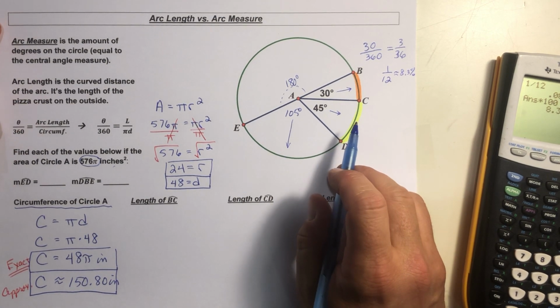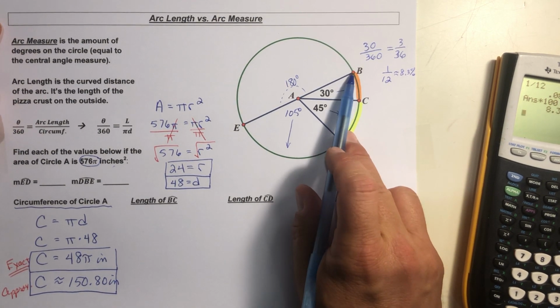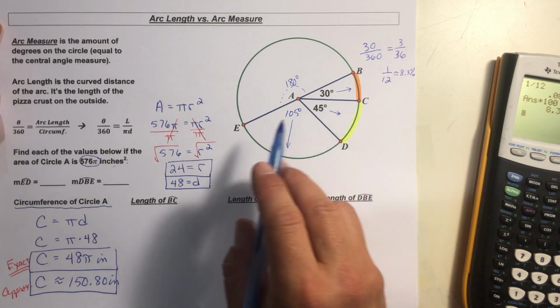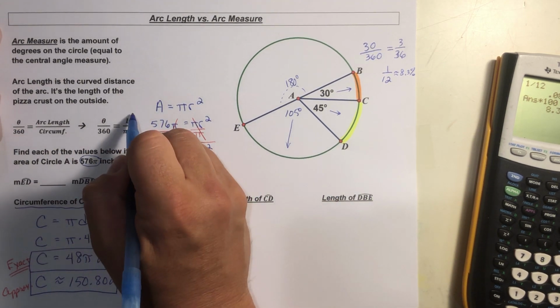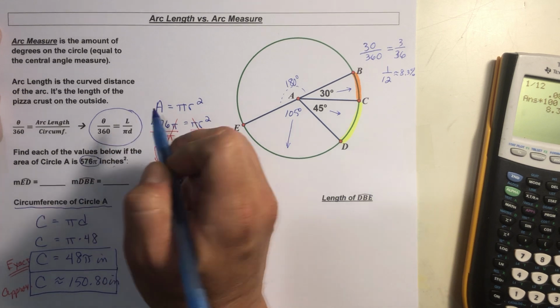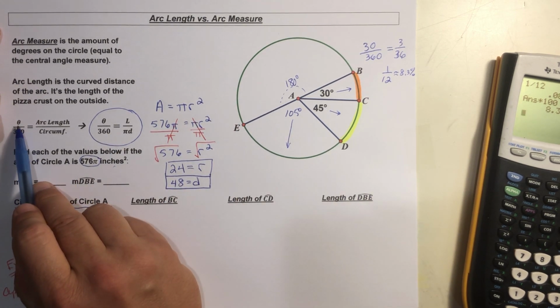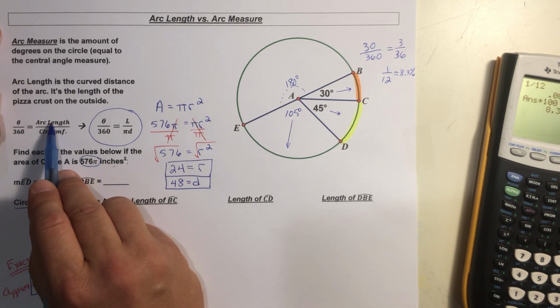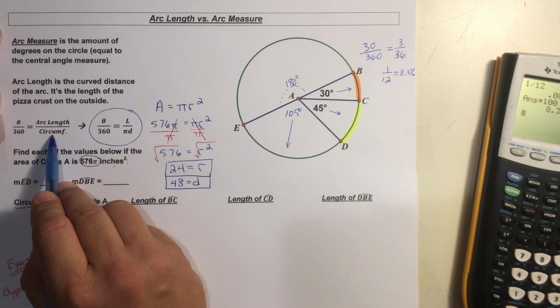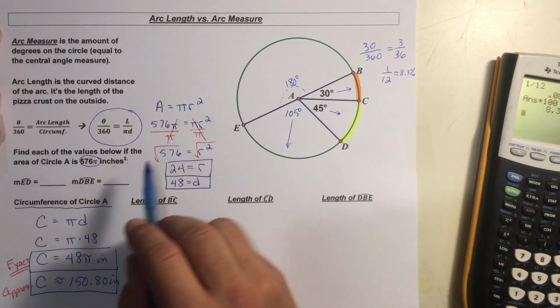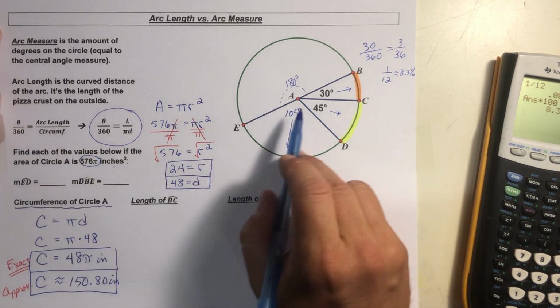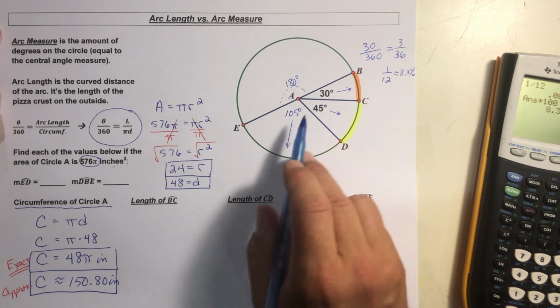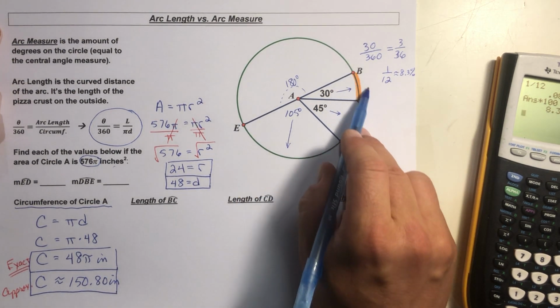So here's what we're going to do. We are going to use a proportion. This is super duper important, guys, this is what we want to make sure we know. I'm going to say this a few times, and I need you to please listen. Theta is to 360 as arc length is to circumference. Now let me explain what I mean by that. Theta is going to be the number of degrees that we're using. So for right now, I'm going to try to find the arc length of BC.